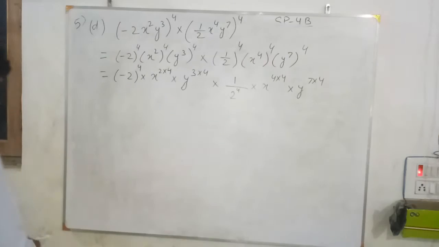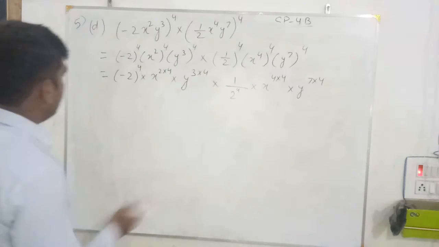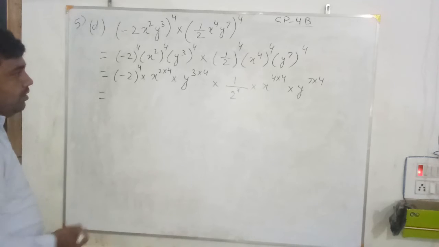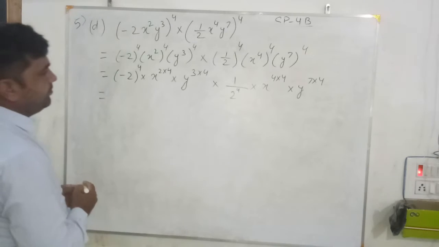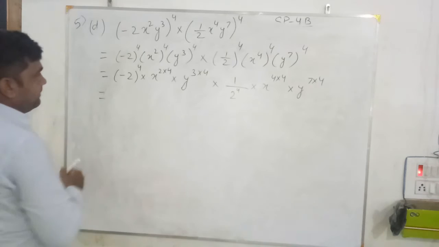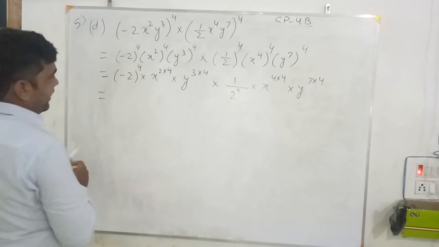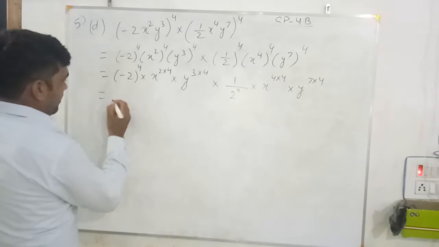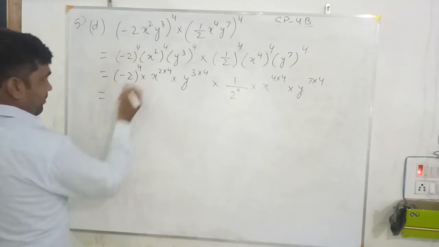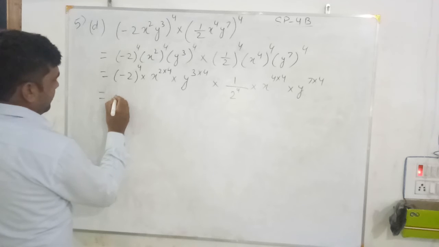Now you can see, here you can write minus 2 multiply minus 2, 4 times. So the value of the minus 2 to the power 4 will be what? 16.